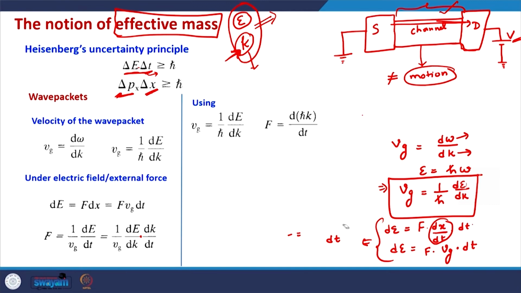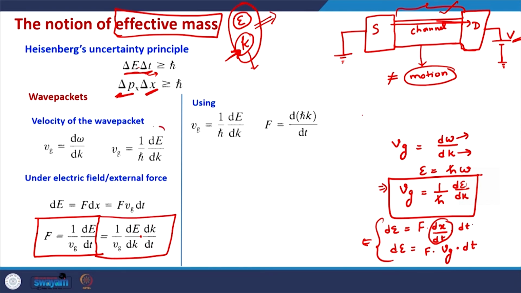derived earlier. So, we have this relationship between the applied force and the 1 by Vg dE by dt, or it can also be written as 1 by Vg dE by dk times dk by dt.